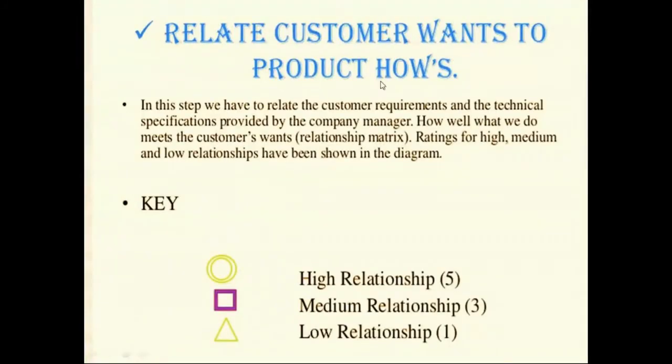The key thing is whenever we are relating it, we will relate it in 3 relationships: high, medium, and low. I have taken only 3 relationships here because the product is of a small type, a food variety.